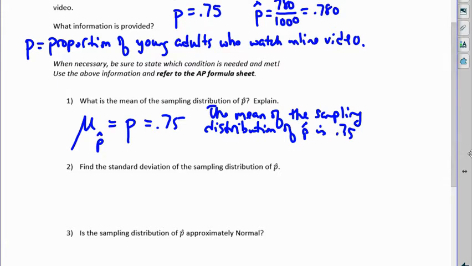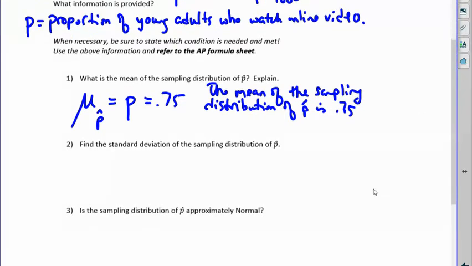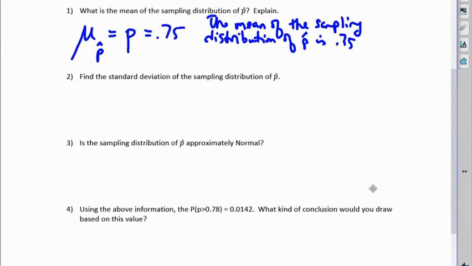Okay, next one. Now we're going to find the standard deviation of the sampling distribution. And I said to always be thinking about what conditions are needed to do these things, and to use this formula, which I'm just sliding over just a smidge so that I can fit my condition.